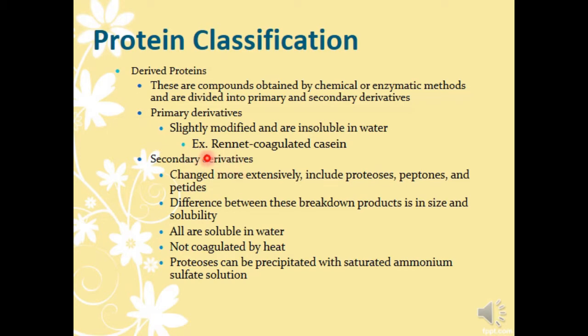So the second type of derivative is secondary derivatives. These types of derivatives are extensively changed, which include proteose, peptone, and also peptide. The difference between groups like proteose, peptone, and peptide in secondary derivatives is in terms of their size and solubility.